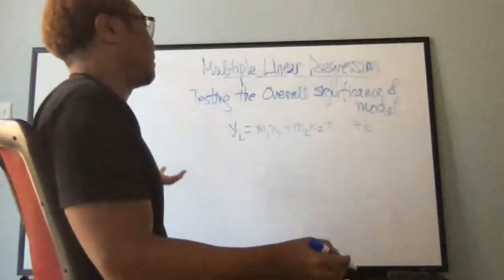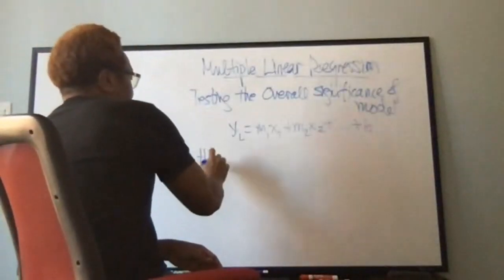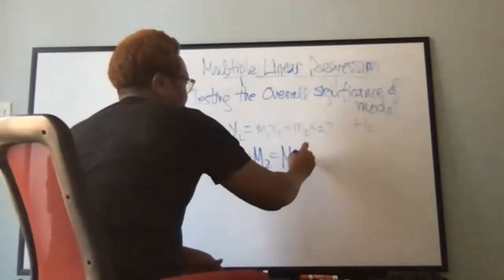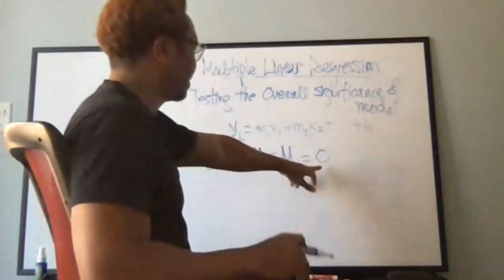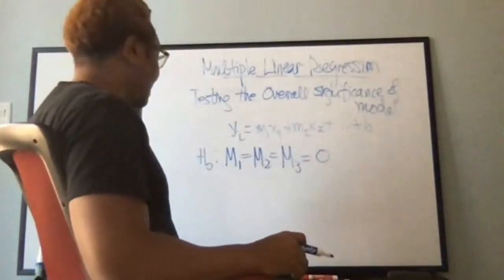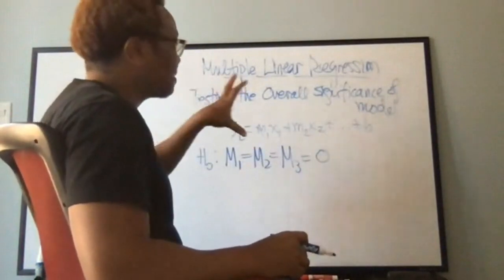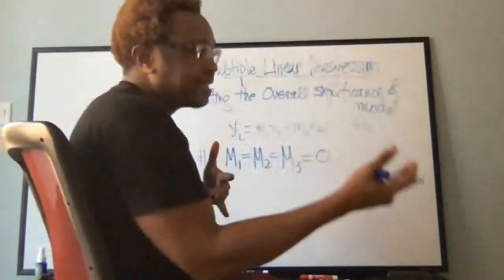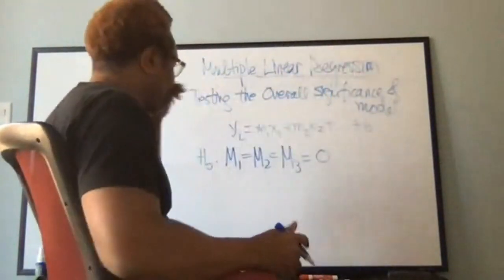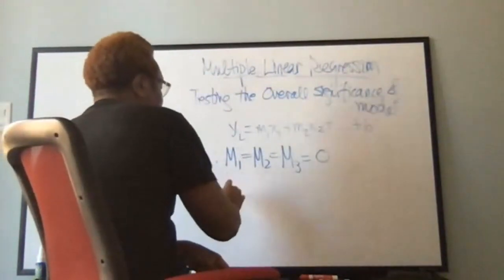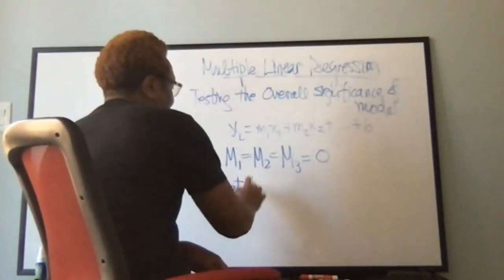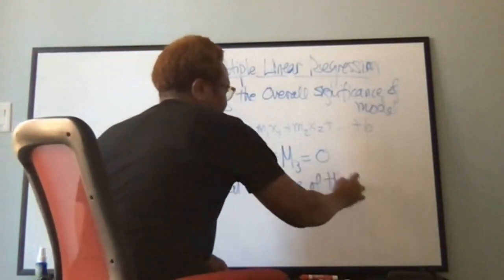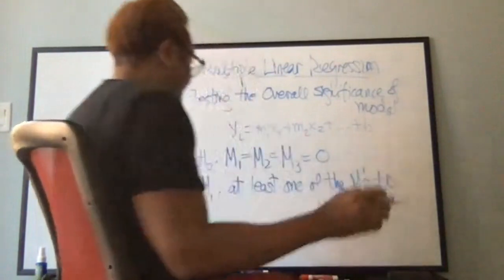If I want to test the overall significance of the model, I start with H0: these become capital M's, m1 = m2 = ... = 0. Essentially I'm looking to see which of these independent variables is contributing significantly to my y, okay? Then H1: at least one of the m's is not equal to 0.